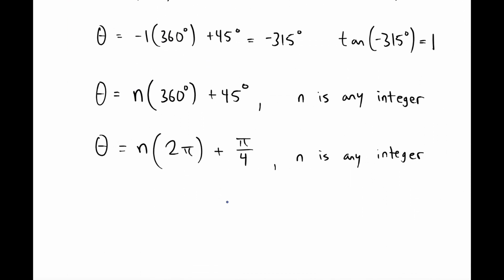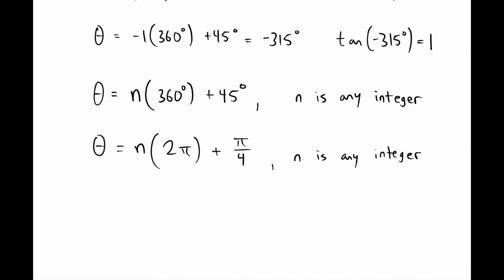So what we're going to need for this is we're going to also need angles where we could have n times 360 plus 180 plus 45. So what it ends up being is that we can have any integer times 180 degrees plus 45 degrees, where n is any integer.